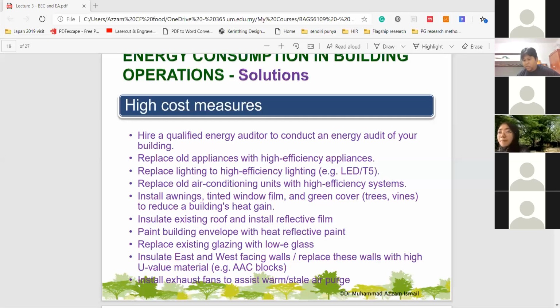When you're designing a new building, use materials which have a good U value, okay, that limits the amount of heat transmission into the building.